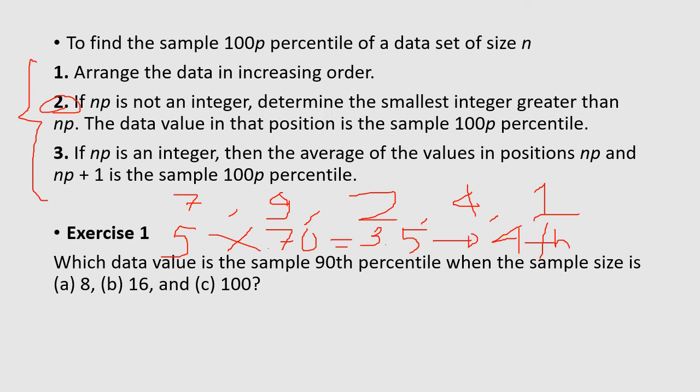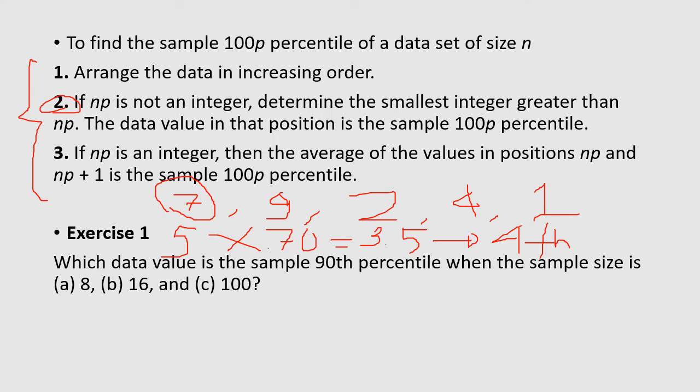So 1 is the first position, 2 is the second position, 4 is the third position, 7 is the fourth, and 9 is the fifth. Now we got fourth. So 7 is our 70th percentile. Whoever scores below 7, below the fourth position, falls below the 70th percentile, and whoever scores above the fourth position scores above the 70th percentile.